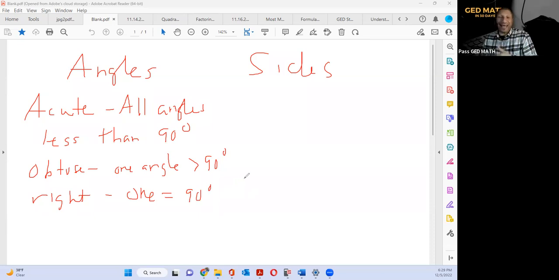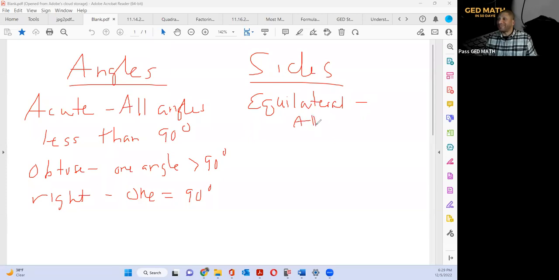When we talk about describing a triangle by the sides, the first one is equilateral: all sides equal. What's important is that if all sides are equal, the angles are also equal.